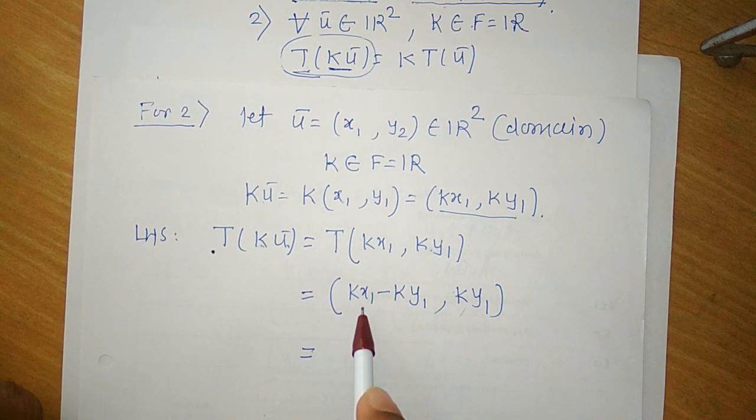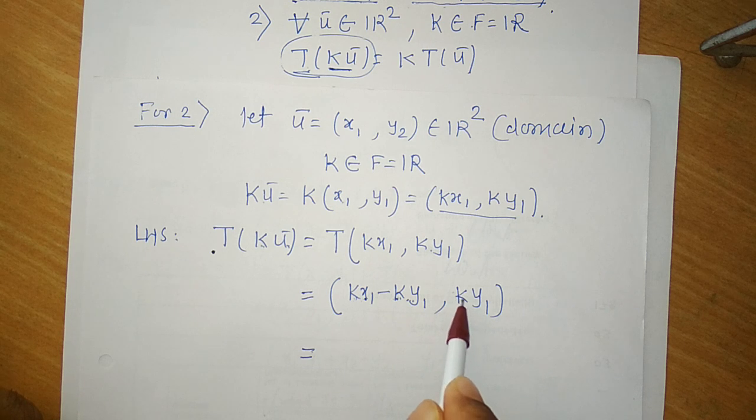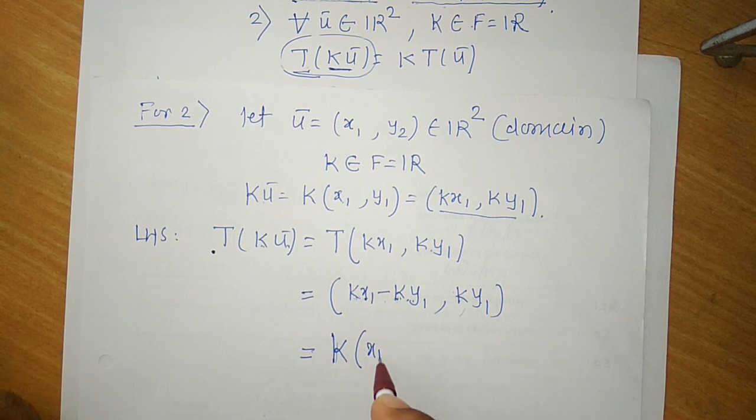If we observe that in the first component there are two terms, and in both terms k is the same multiplier factor, we can take k outside from the first component. Similarly, k is also multiplied to the second component, so we also take k outside. So k times (x1 minus y1, comma y1).